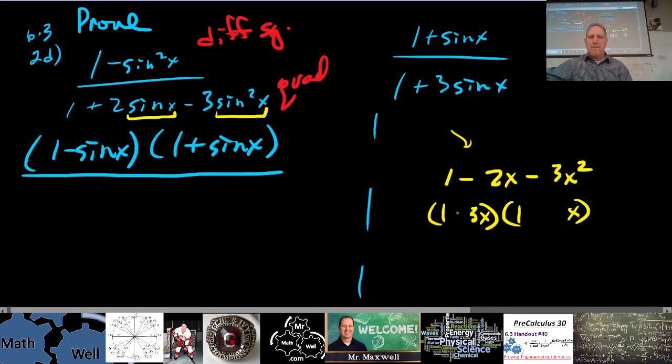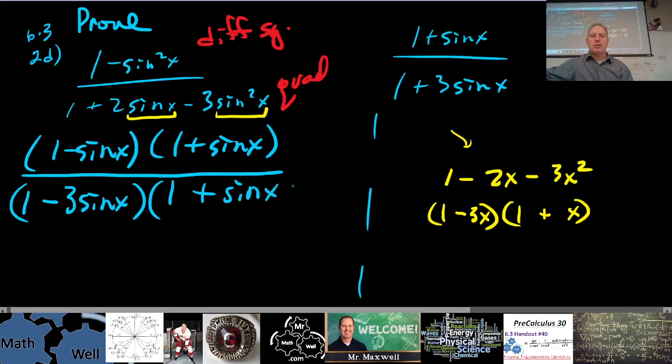So if we go minus 3x plus x, we get 2x. So this is big kid math here. You guys got to have a handle on factoring quadratics too. So what I want to show you is that this actually can be factored to 1 minus 3 sine x times 1 plus sine x.